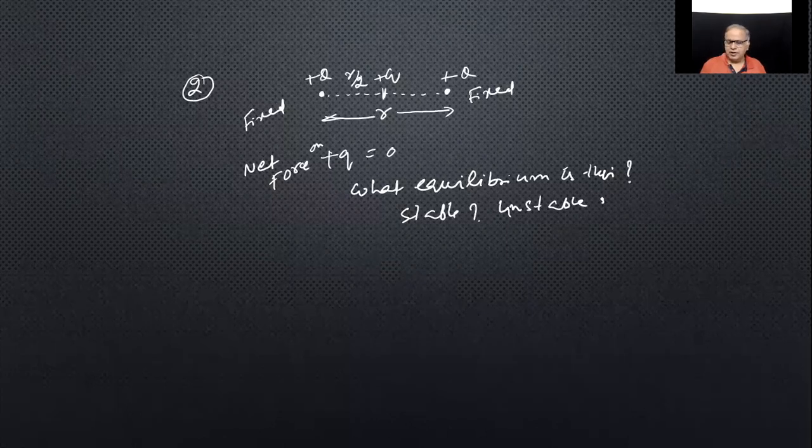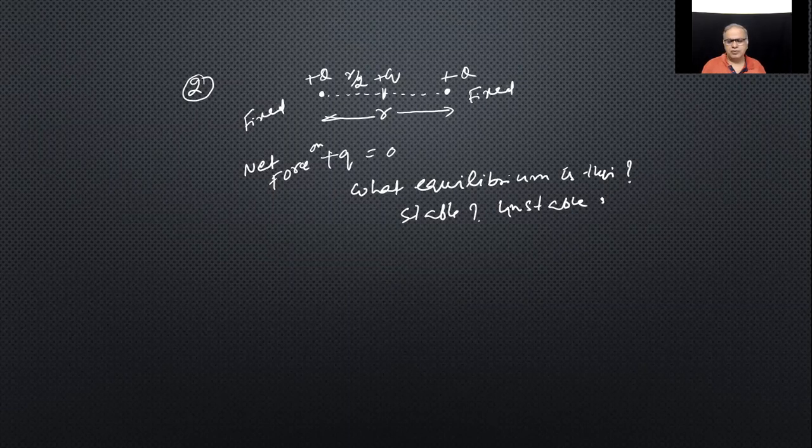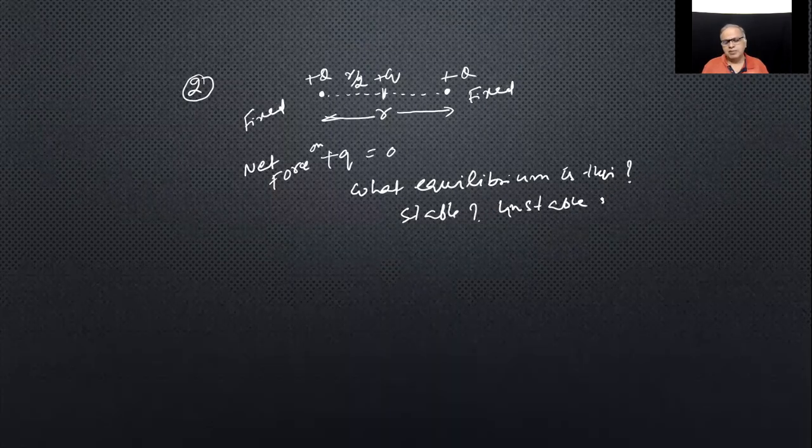So with a little displacement from the present position, if that charged particle comes back to the initial position, you say it is stable equilibrium. You can convert that into a little more mathematics later. But if you displace it and it doesn't come back and goes further away, then you say it is unstable equilibrium. Do you follow my point?